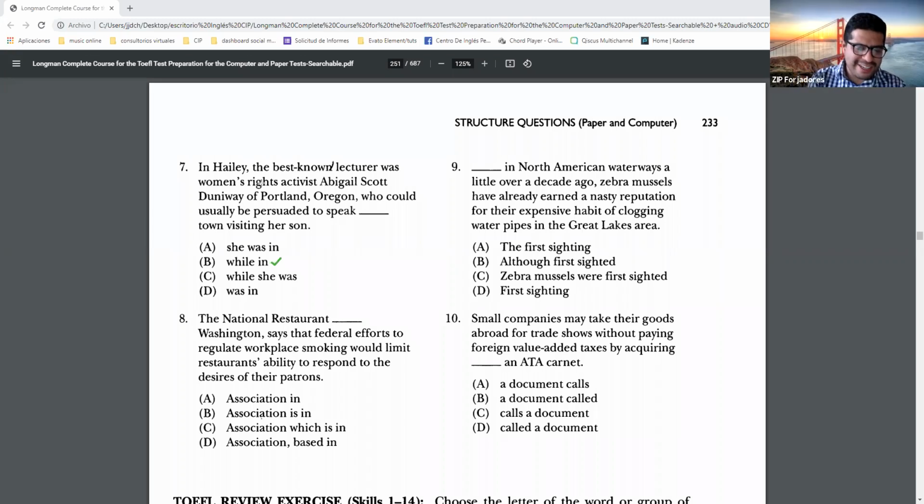Give me 1 second, I am just going to check the pronunciation. Yes, lecturer, lecturer. Excellent, like that. Very good.